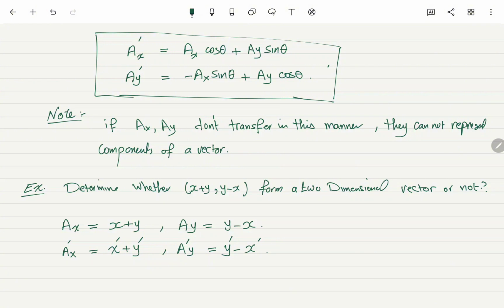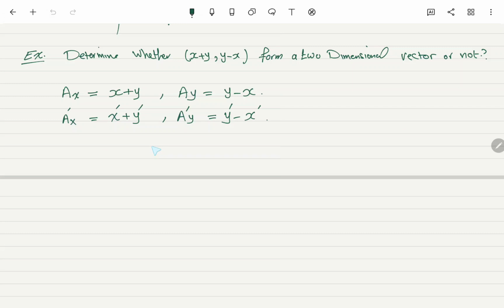If we substitute them back in this one here, we will get, remember, x prime equal to x cosine theta plus y sine theta, and y prime equal to minus x sine theta plus y cosine theta.